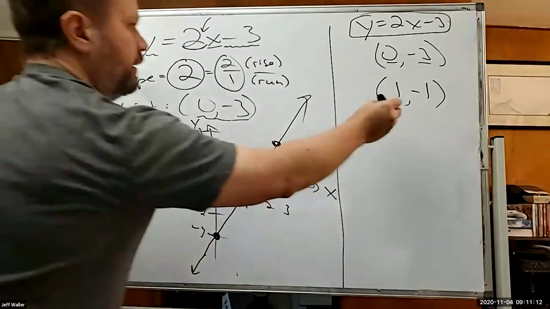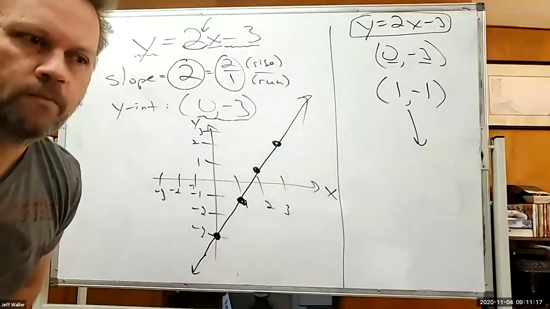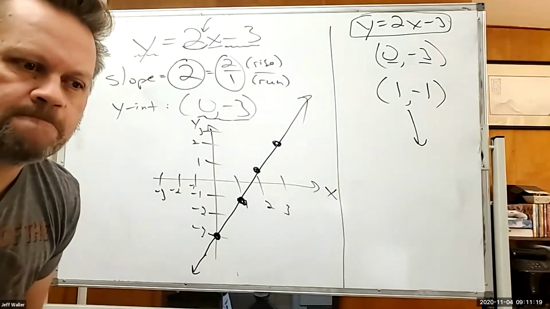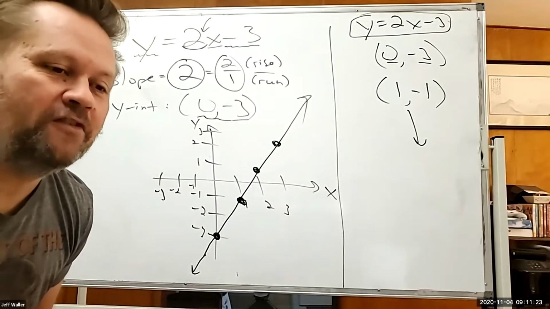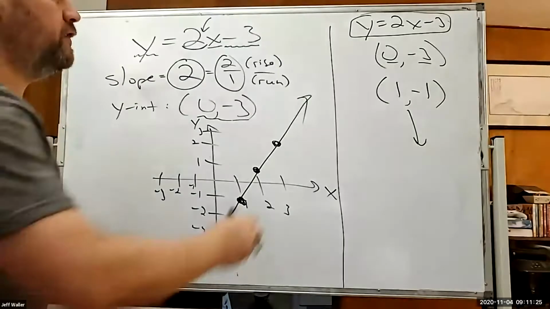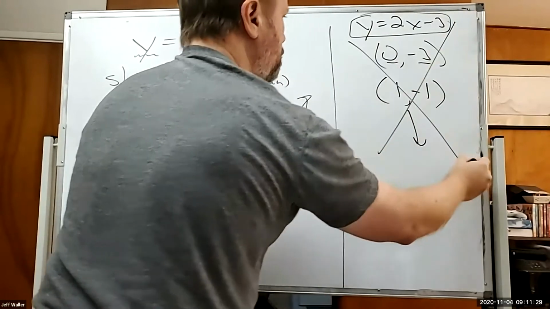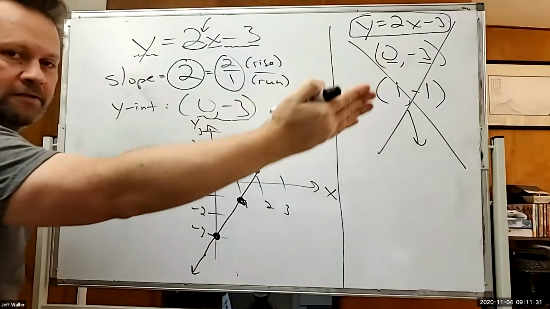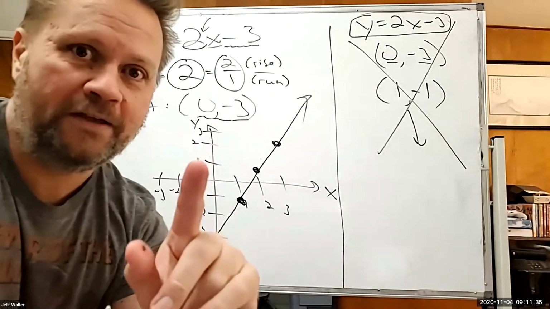So if I had to list all the answers, how many answers are there? Don't say 4. Infinity. Infinite number of answers. So if somebody said list all the answers, I'm like, screw you. Here's all the answers. If I graph the line, it is, you ready for this?